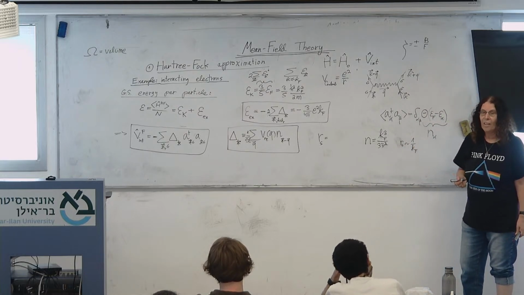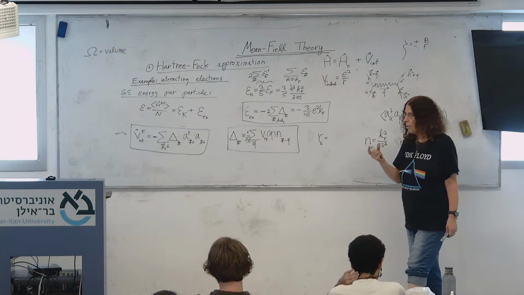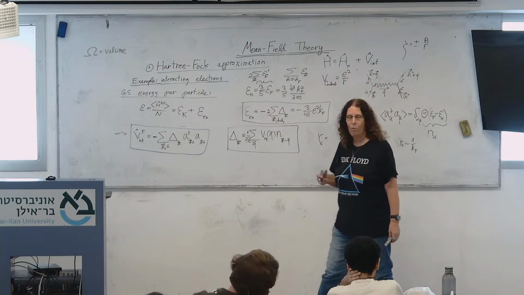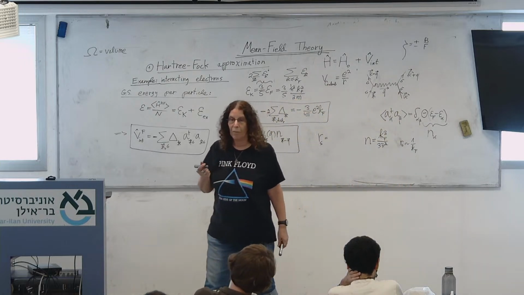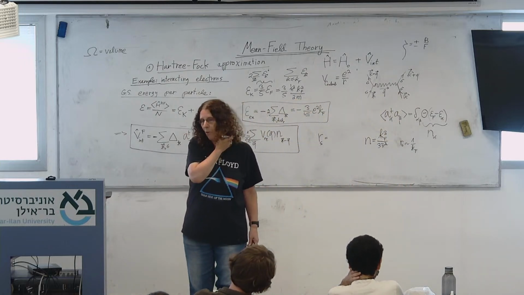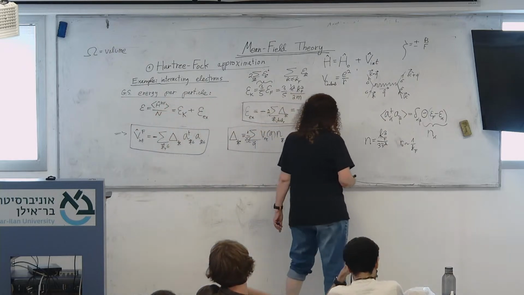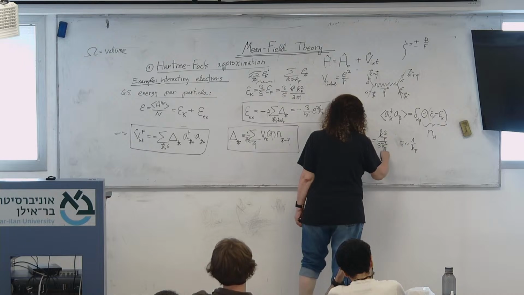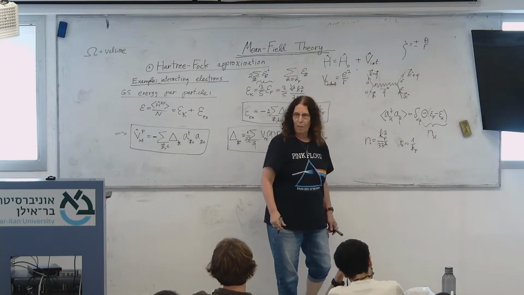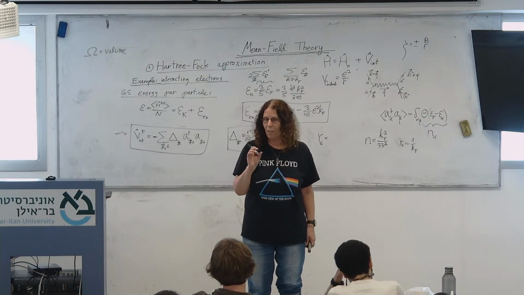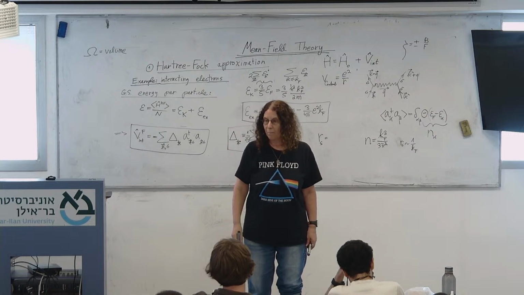What is it? That's density. What is density? It's the number of particles per volume. So it goes like the inverse of the average distance between particles to the power 3, right?